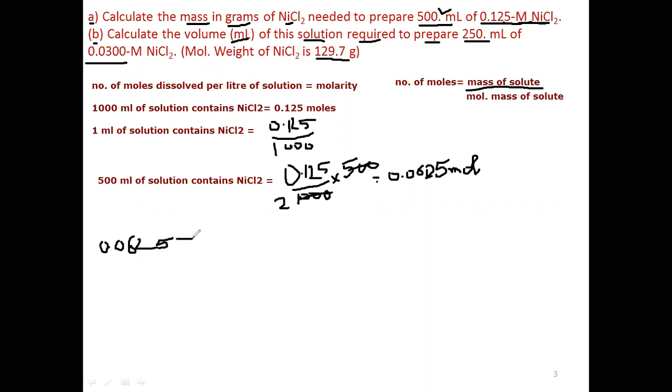0.0625 is equal to, now assume that mass of solute is x. Let us give it x, is equal to x divided by molecular mass of solute, which is 129.7.